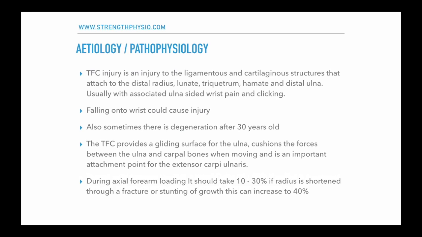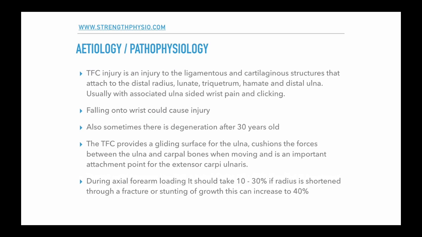Essentially, during axial forearm loading, it should take about 10 to 30% of the pressure, and this can be increased if the ratio between the radius and the ulna is reduced. Sometimes when people have fractures of the radius, that can cause an increase in pressure through the TFC, because there's a little bit of change in the biomechanics there.